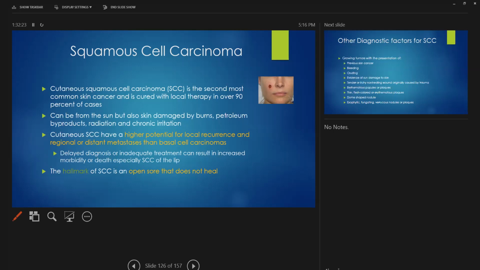It can also be from a burn or petroleum byproduct radiation, but somehow the skin is damaged, and as that skin is proliferating again, then you get this lesion that will not heal. So the hallmark, like I said before, was just an open sore that does not heal.